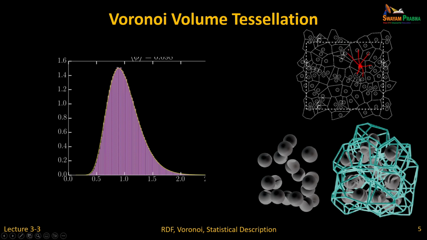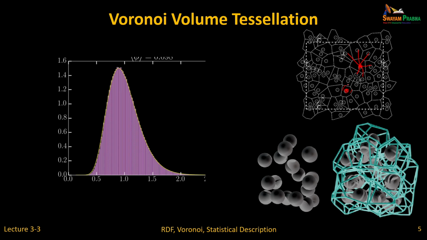You look at all the closest neighbors, draw the bisectors, and put a box around it. Everything inside the Voronoi volume is closer to that particle than to anybody else. So Voronoi tessellation tells you every particle's volume. Inside that box, that particle is the closest particle.